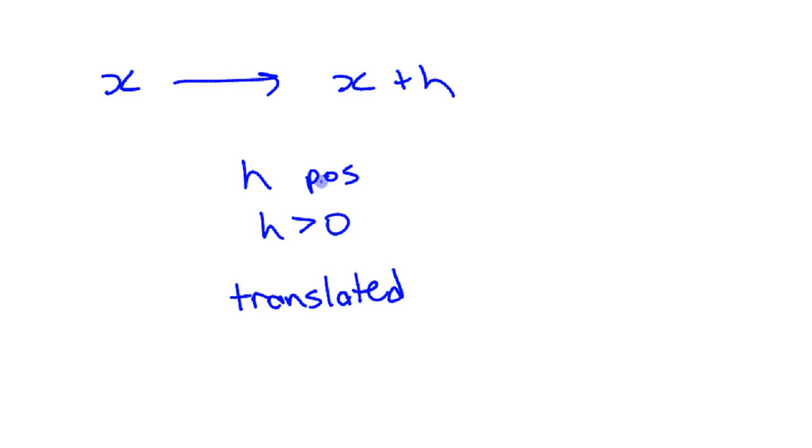If you have a positive number, like x plus 3, it gets translated left by that many units.